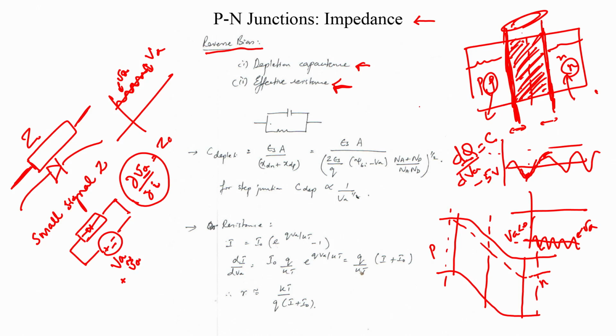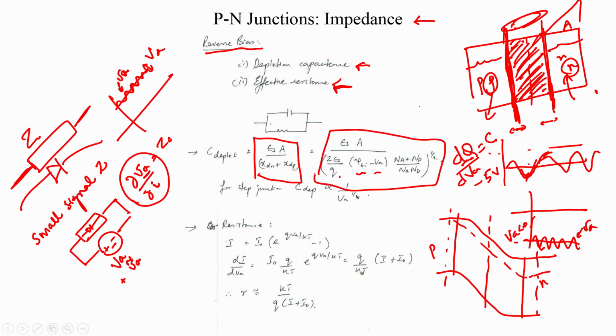Therefore, if the junction has an effective cross section area of A, my capacitance is simply epsilon A by xd, which is xdn plus xdp. And since xdn and xdp are dependent on the built in potential and the applied voltage in this manner, this is my total small signal capacitance. We saw a similar argument even in the case of the capacitance of a metal semiconductor Schottky junction.